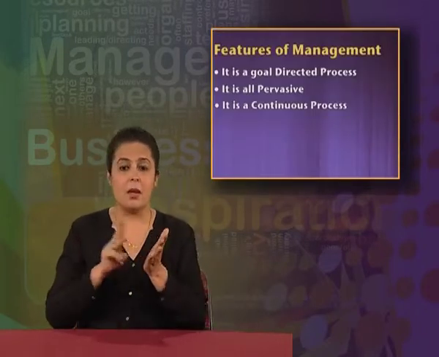Now the next feature we have is that it is a continuous process. The process of management is a series of continuous, composite but separate functions performed by managers all the time. It's not like once the planning is done, then everything is done. No, we have to go for organizing the activities. We have to organize the physical and human resources.